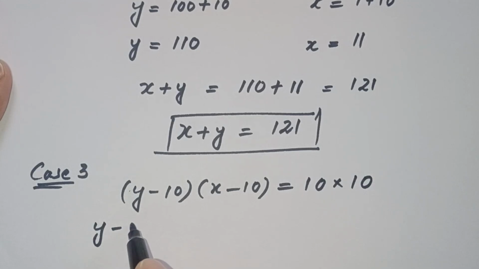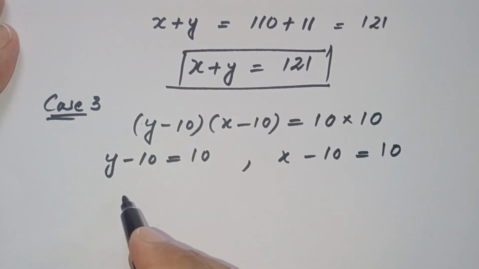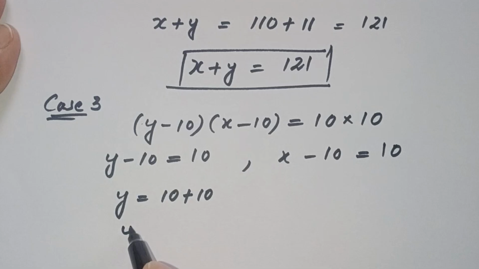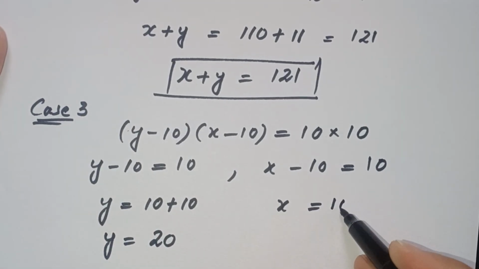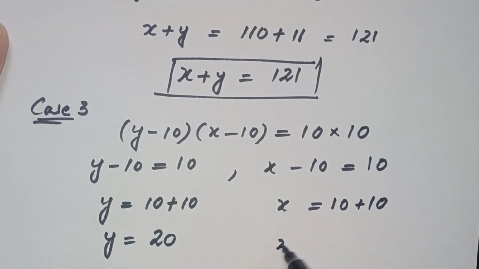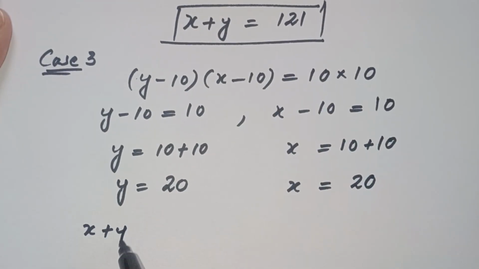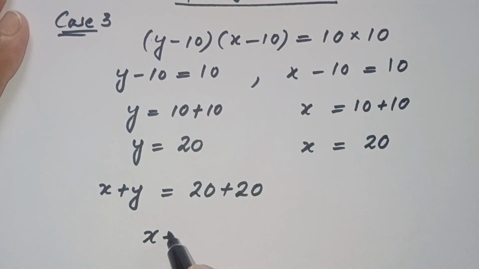From here we have y minus 10 is equal to 10 and x minus 10 is equal to 10. y is equal to 10 plus 10, we have here y is equal to 20, and x is equal to 10 plus 10. We have x is equal to 20. From here we have x plus y, 20 plus 20, which is equal to 40. So x plus y in this case is equal to 40.